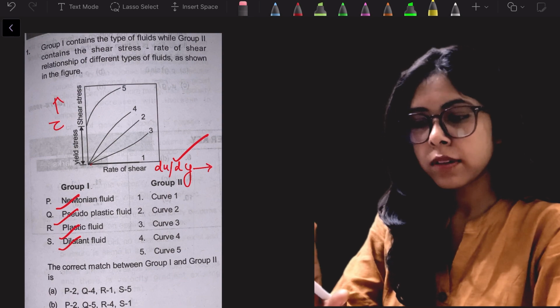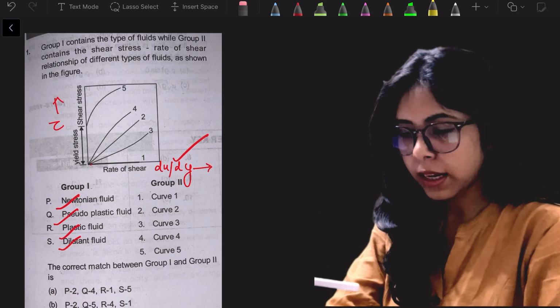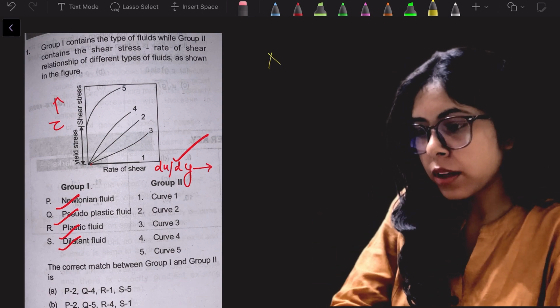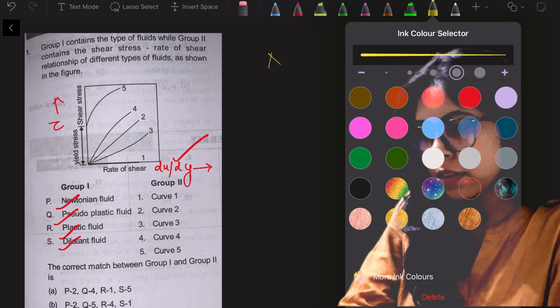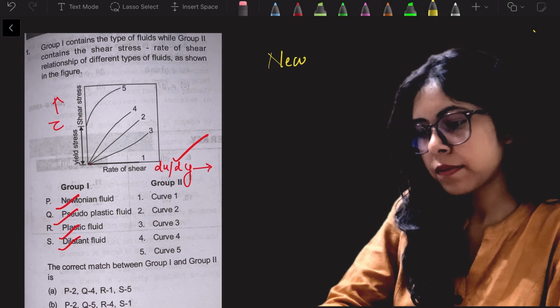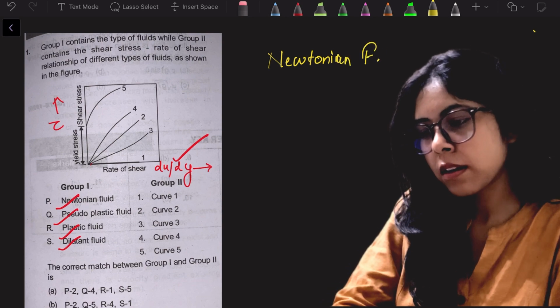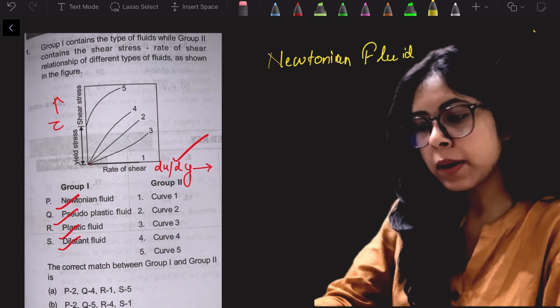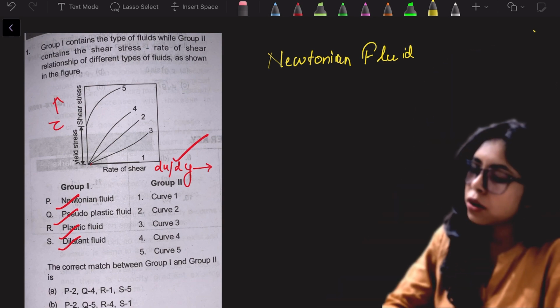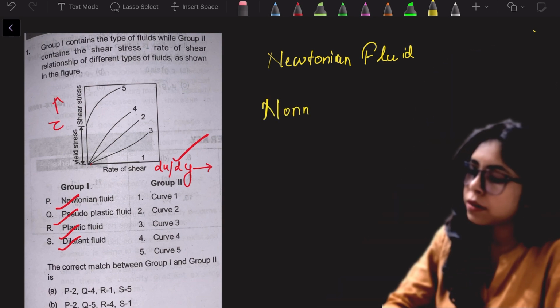Specifically, we have two different types of fluids. We have Newtonian fluid, and another one is non-Newtonian fluid.